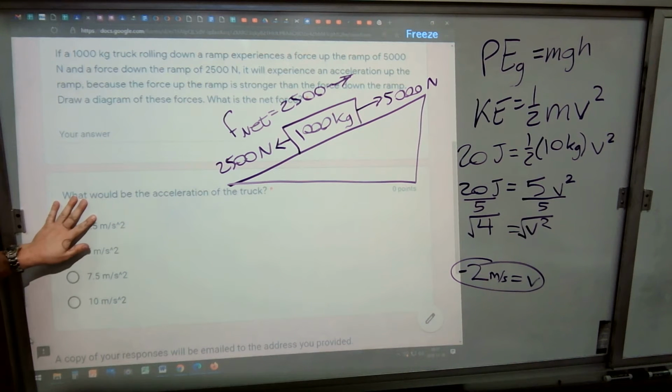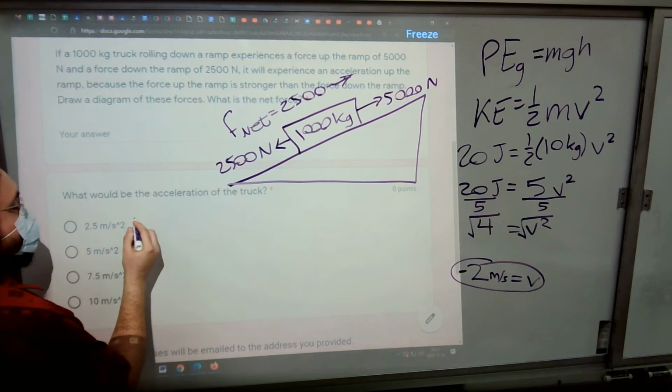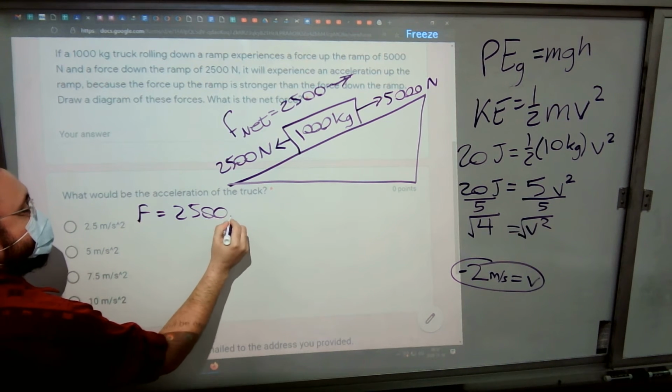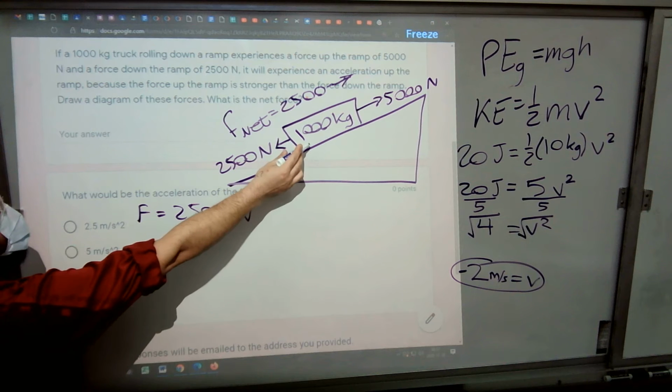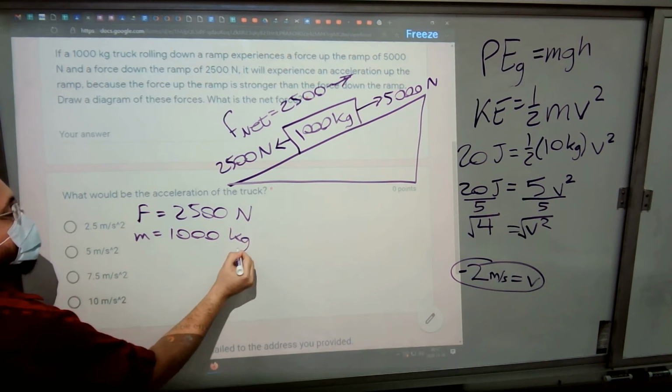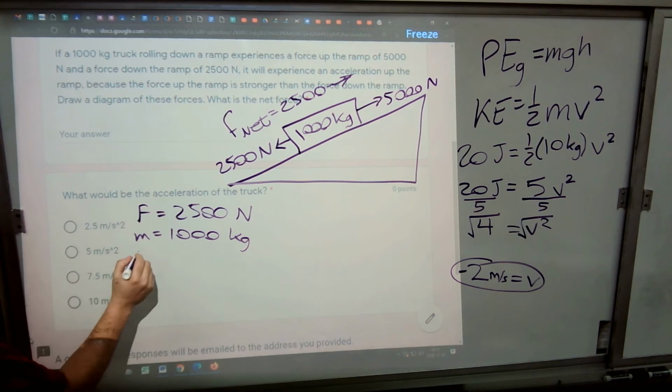So now it asks me a follow-up question. What would be the acceleration of the truck? We know stuff about the truck. We just figured out the net force is 2,500 newtons. It told us the mass of the truck, that's 1,000 kilograms. And it's asking what's the acceleration.